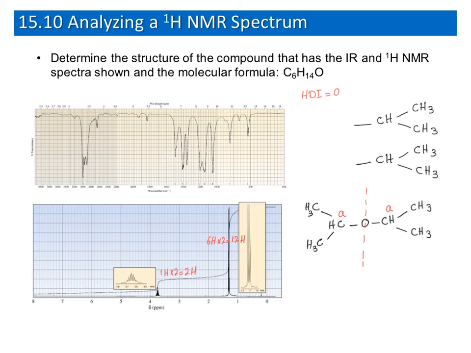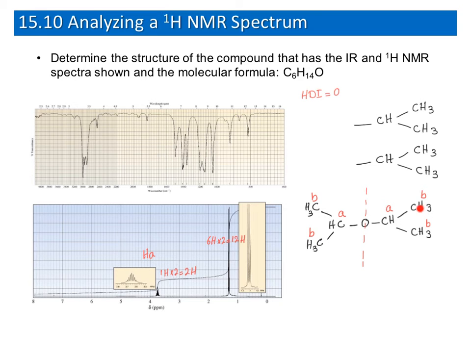The signal for the hydrogen A appears at around 3.7 ppm due to the presence of oxygen connected to the carbon, and we see a septet because we have 6 equivalent hydrogens next to it, so 6 plus 1, it should be a septet, and we see integration of 2 because we have 2 of these in the structure. So that should be hydrogen A.